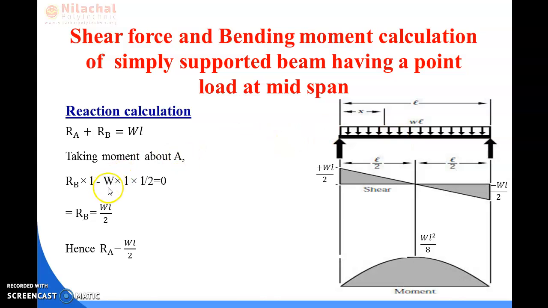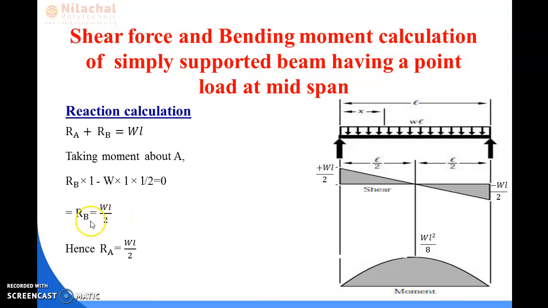So here we can write W into L by 2. And the sign is negative in nature because this UDL gives a hogging moment towards the point A. So that RB into L minus W into L by 2 is equal to 0. So from this equation, we can calculate the RB value as WL by 2.